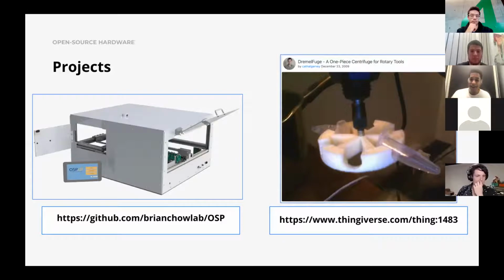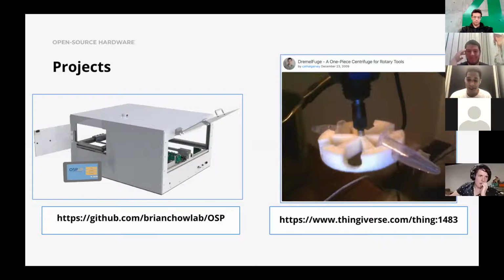And then on the right, we have this really interesting example of a pretty ingenious centrifuge idea that I found on Thingiverse, the 3D printing MakerBot website, and this is from over a decade ago, where you could create this low-cost centrifuge and use a Dremel or a drill to actually spin and insert your standard microcentrifuge tubes there.